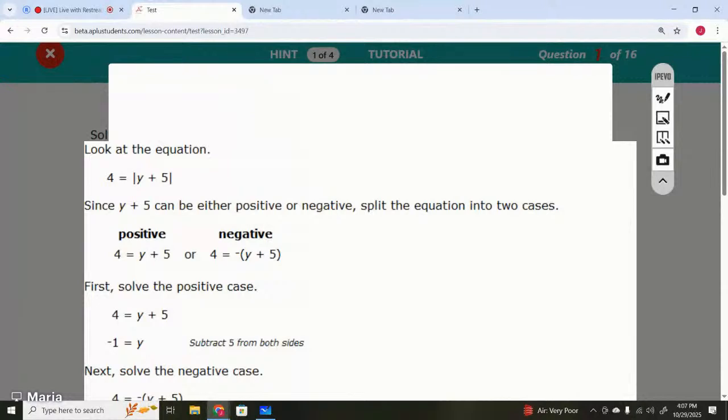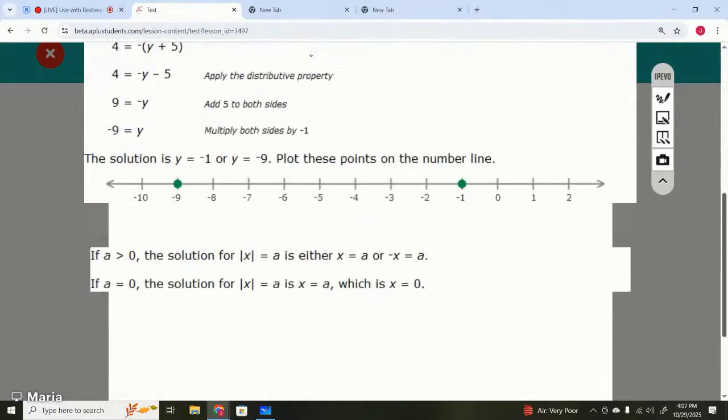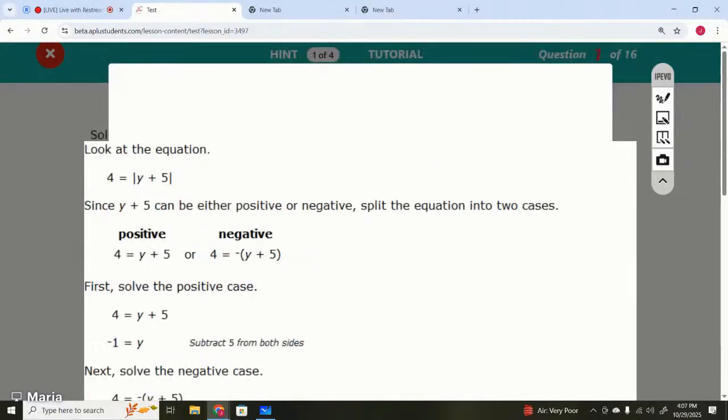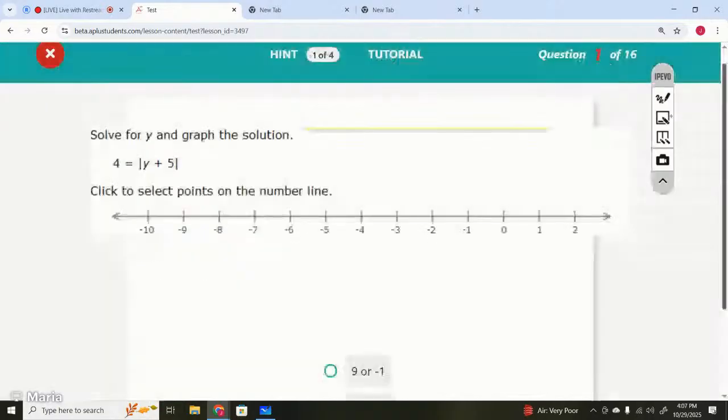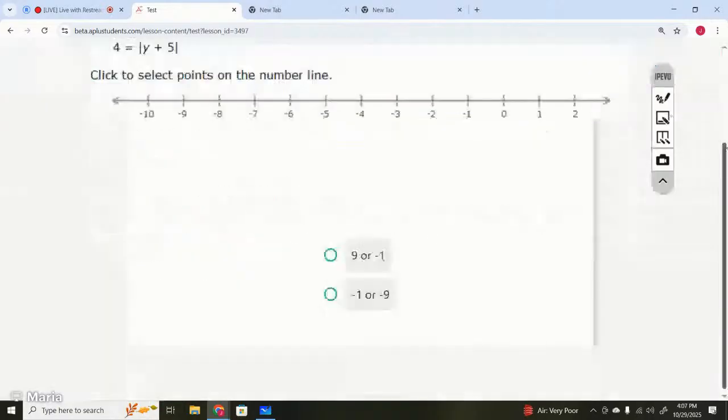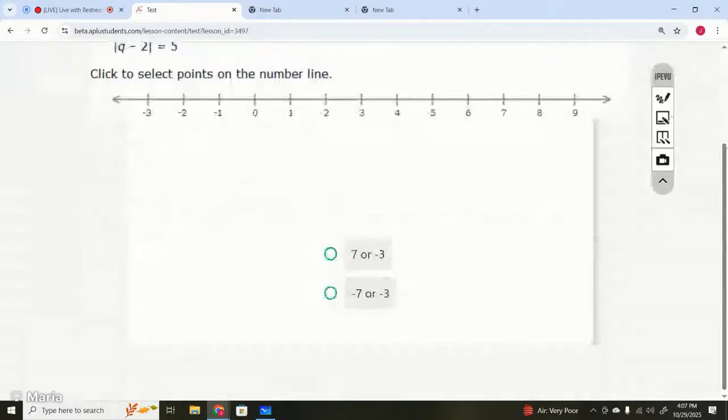But when we are given the absolute value, that means only positive value. I don't know what's wrong with these questions. So the solution is negative 1 or negative 9. Option number 2 is the correct option.